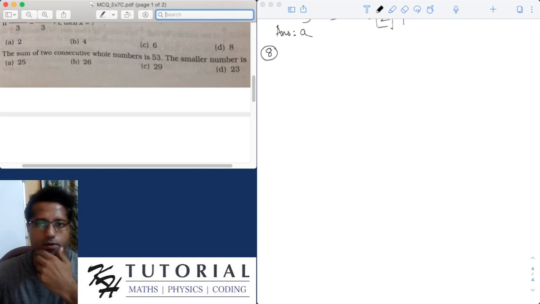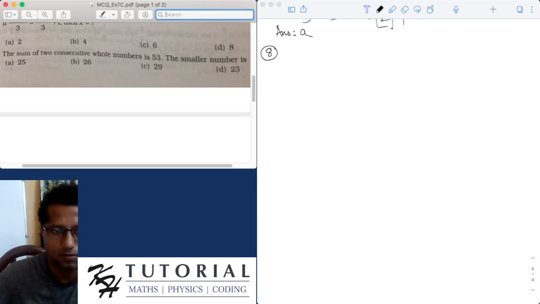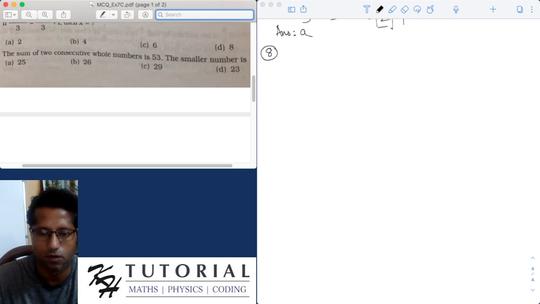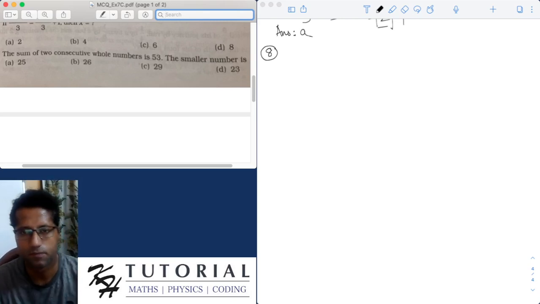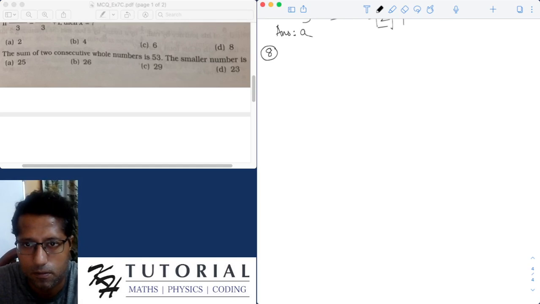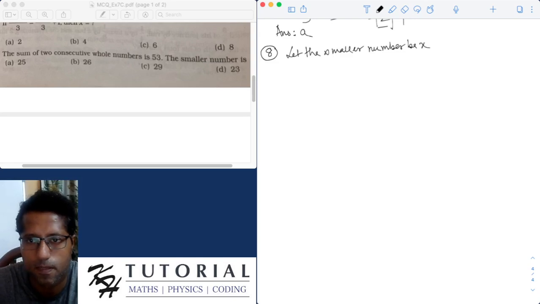The smaller number is, okay, so the sum of two consecutive whole numbers is 53, the smaller number is, so definitely whatever the unknown is, we always assume that number to be the unknown quantity or the variable. So let the smaller number be x.